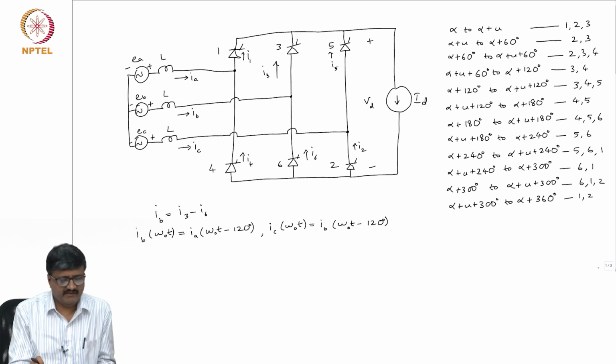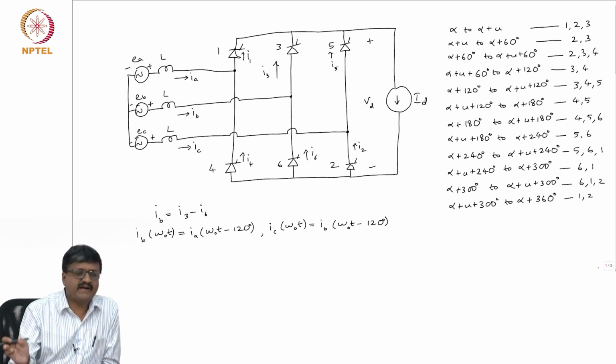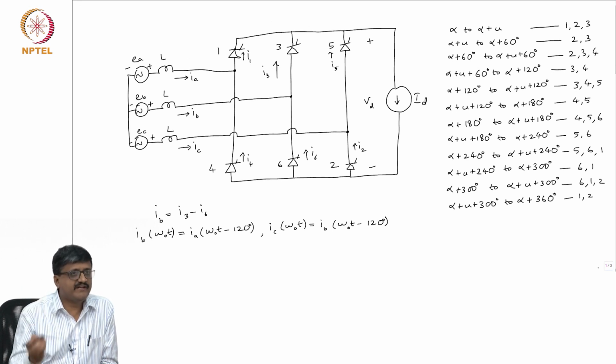If you go back to the derivation, do you see that there is some pattern in these currents? Are they identical except for phase shift? If you go back to the derivation, these devices are connected in series with voltage sources.